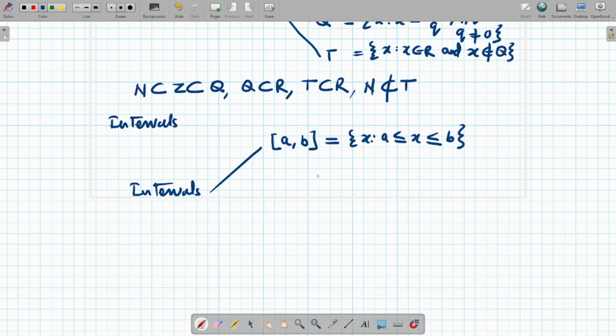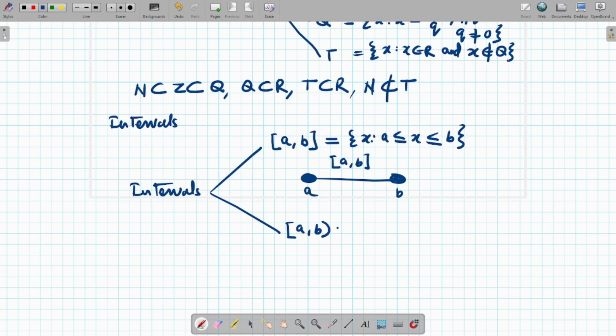And how do we possibly represent it? We will represent it like this. So we will have a and b, and the representation would be a comma b. So a and b are included. The second interval would be one side closed, let's say a comma b, and the b side is open. So how do we represent it?